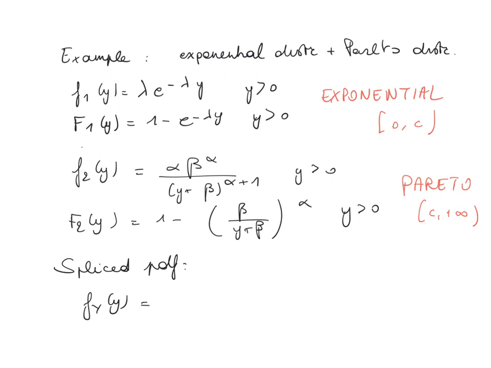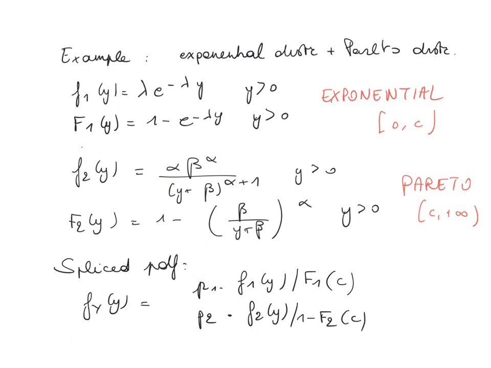You've got a weight p1 attributed to f1 divided by the probability that in model 1, the exponential model, our loss is going to be below a value C, and then we've got p2 times the density f2 divided by the probability that under model 2 our loss will be above C. The first specification is valid for losses y between 0 and C, and the second one is valid for losses from C to infinity. So that's the recipe that we want to put together.